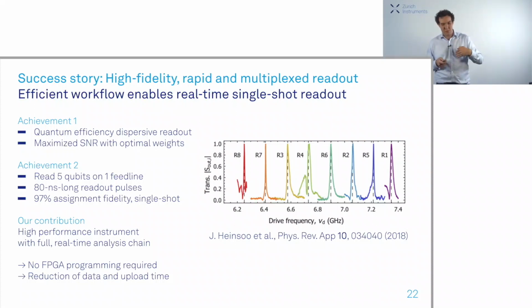This essentially helps you to maximize the signal to noise for each qubit readout. In the end, it allowed the researchers to not use their own FPGAs, which they had to program, and it also helped them reduce the amount of data and the upload time needed to be transferred either to the system or to the computer.